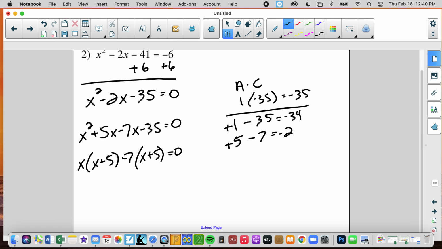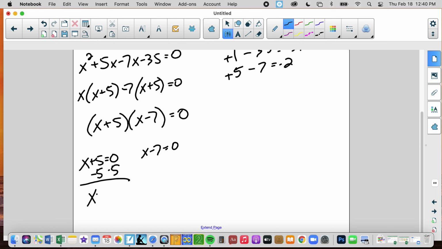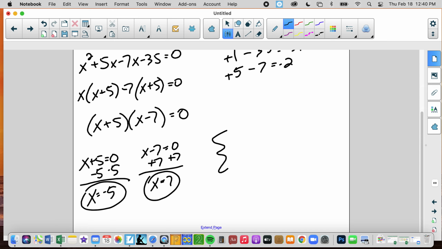And I get this. I'm going to pull out the x plus 5, and that leaves me with x minus 7. I'm going to set each one equal to 0. And I'm going to subtract 5. I'm going to add 7. And I get -5, 7 as my solution.